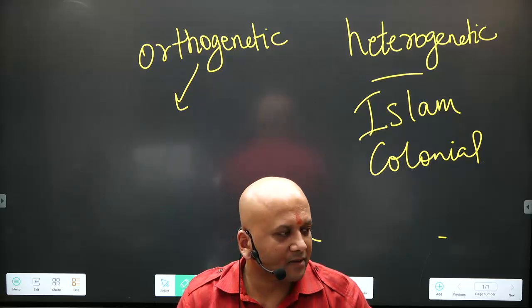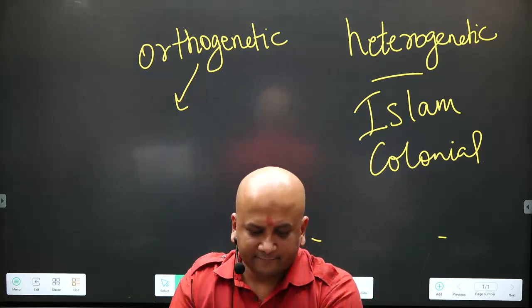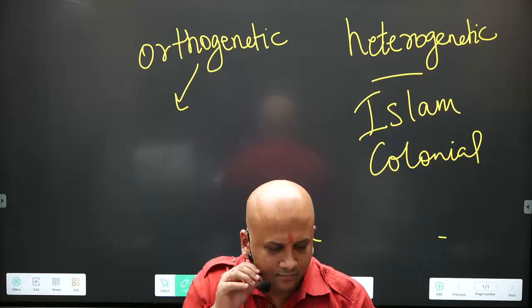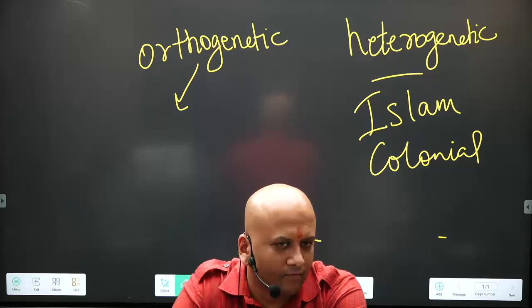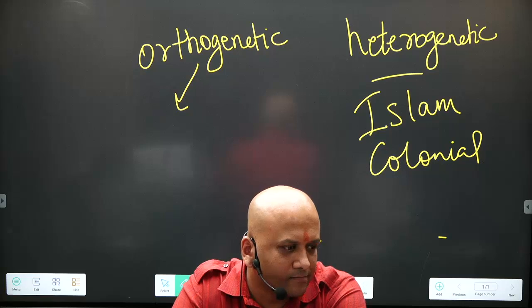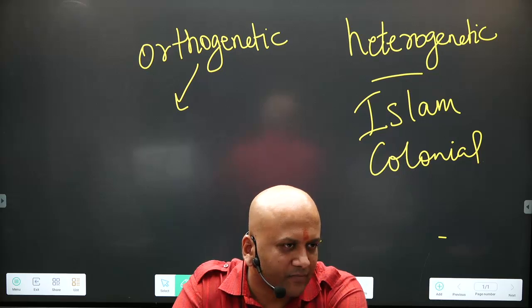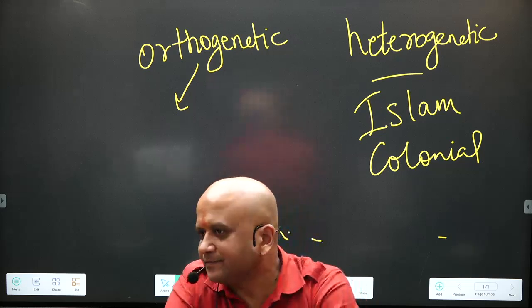Next para. Heterogenetic sources of social change include the coming of Islam and colonial rulers to India.